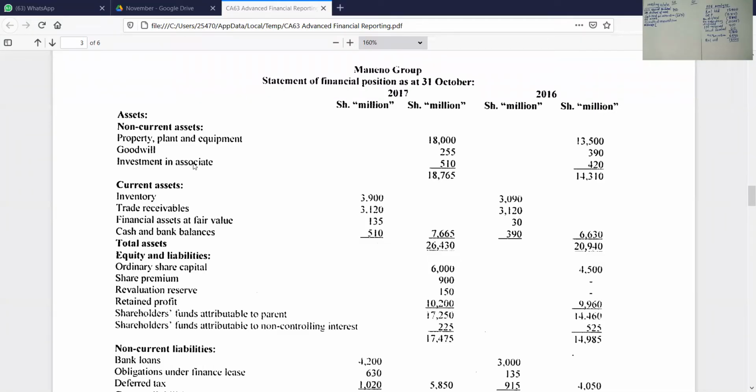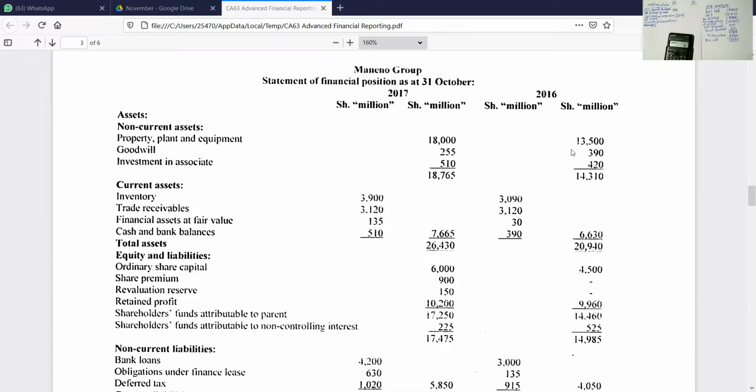At the start it is 420. So I will input 420 in my calculator. So 420 at the start, I will add what they received.